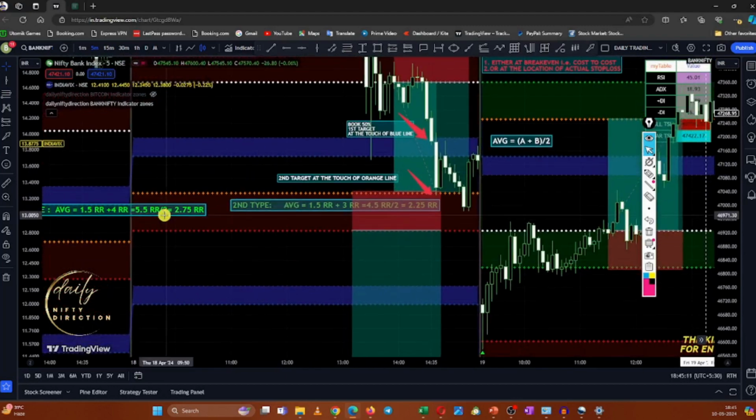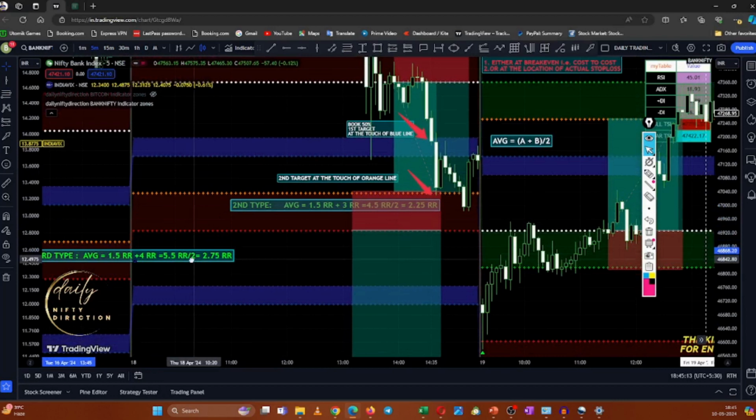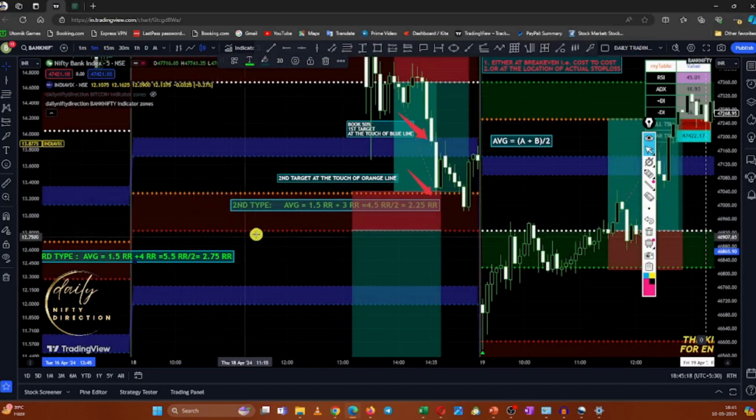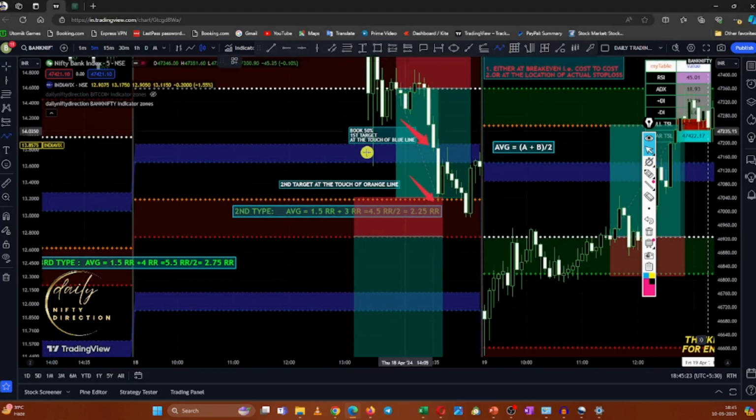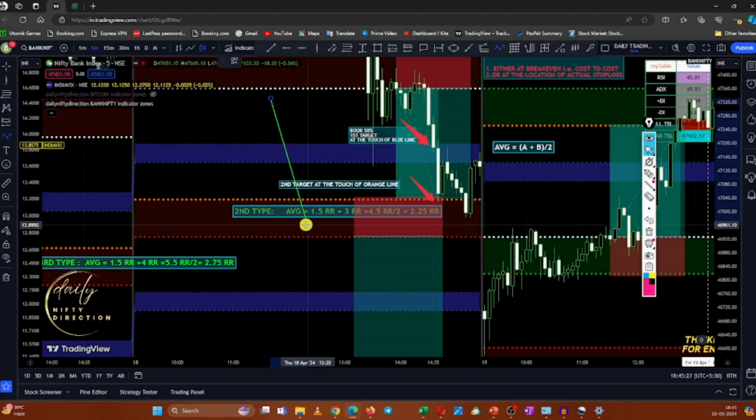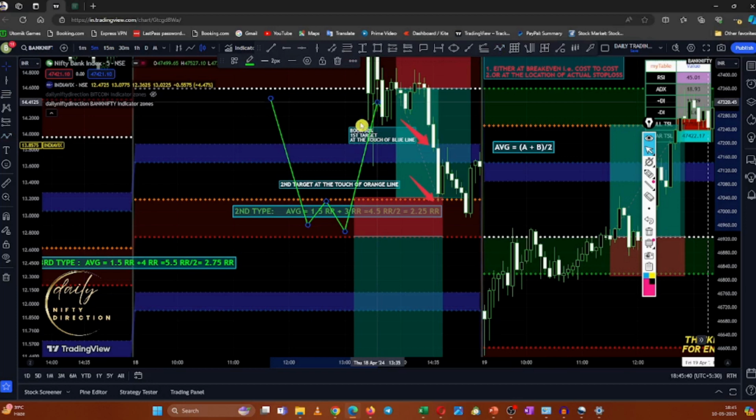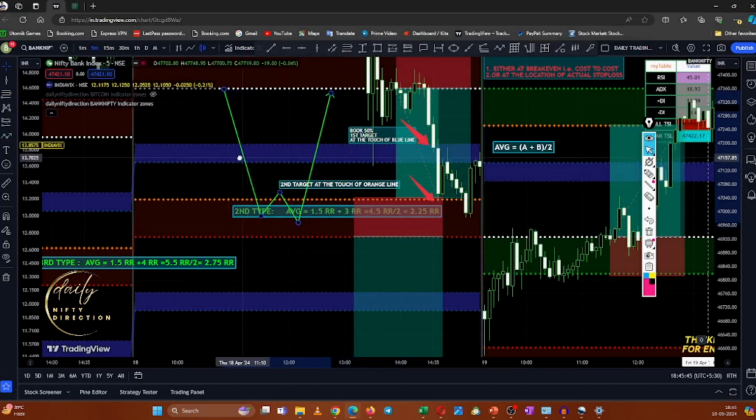Okay, so now let us calculate that your reversal zone. This is your reversal zone, this orange line and the red line. If market comes here and does not break it, and here and here, so you can also take this trade for reversal.